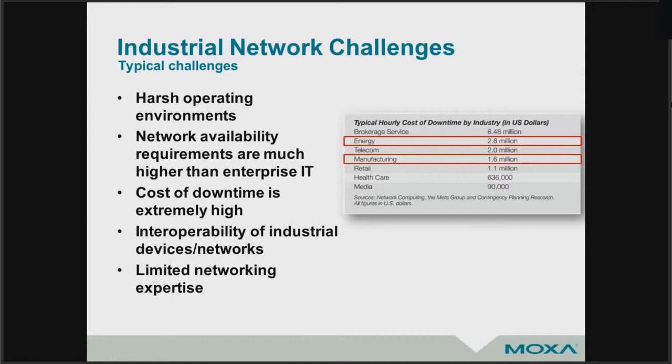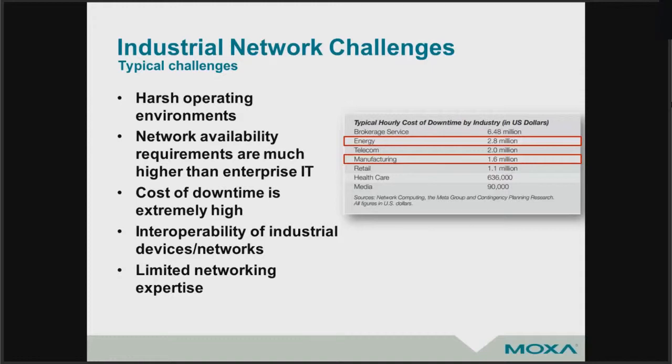Additionally, these networks have much higher availability requirements. While a 30-second outage in an office environment may go unnoticed, an outage like this could result in a shutdown or even endanger human life in an industrial setting. Along with that, the cost of downtime can run into the millions of dollars an hour, so designing to minimize unplanned outages is critical.